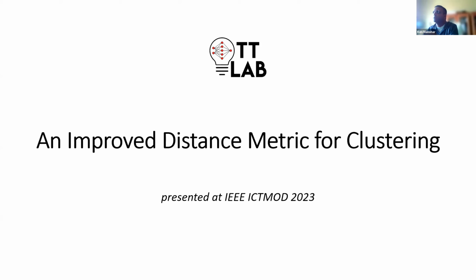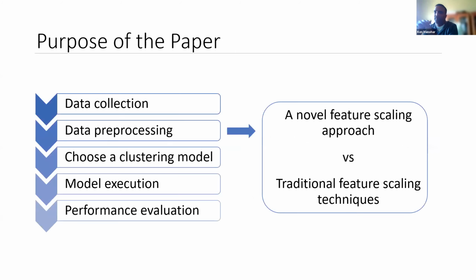To provide some context, you're all familiar with the typical machine learning workflow. You start from data collection and go all the way to evaluation. For our purposes, the data processing step is an important one to improve the quality of the data, and it is here that we introduce a novel feature scaling approach.